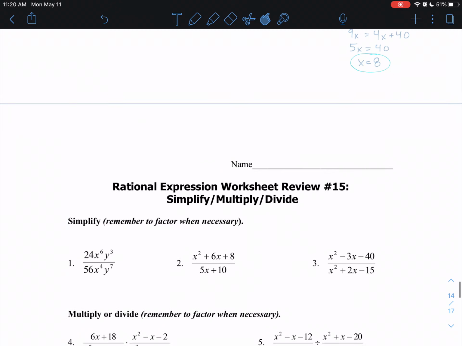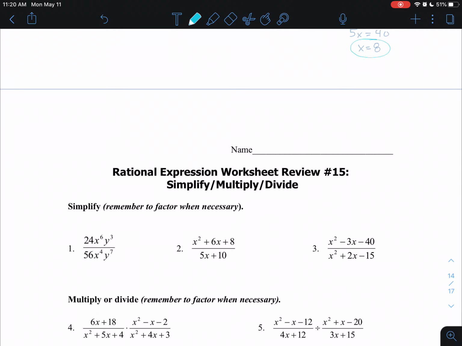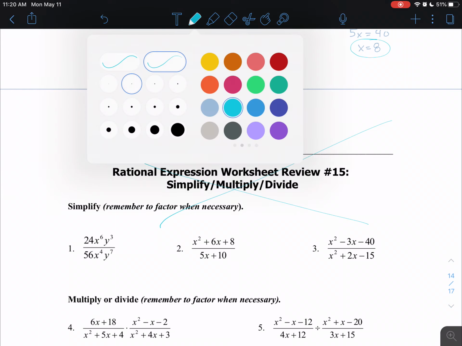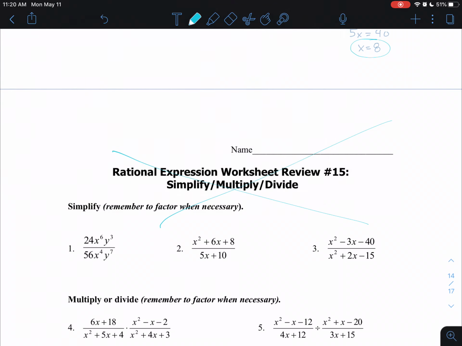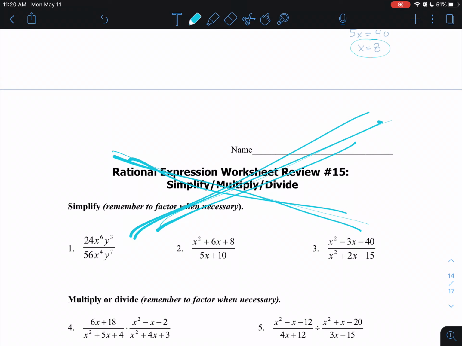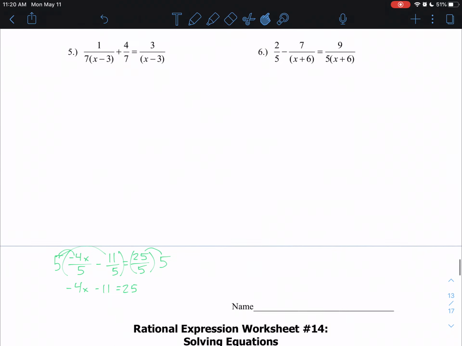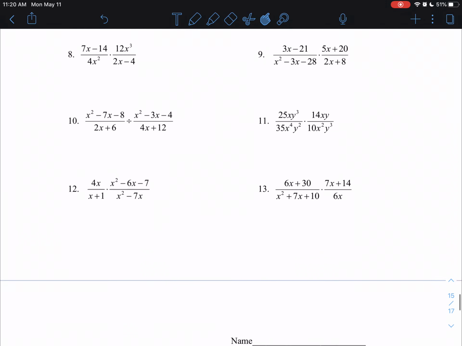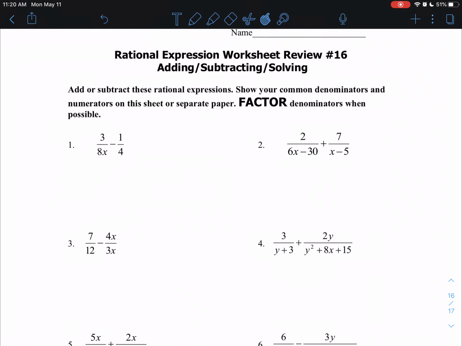Okay, we're not going to worry about page number 15. I'll put a big X through that. Don't worry about page number 15. But 16 and 17, I would like you guys to do as well.